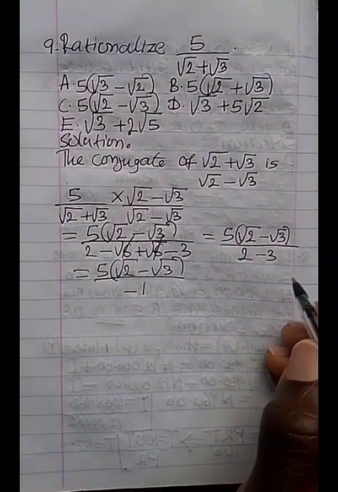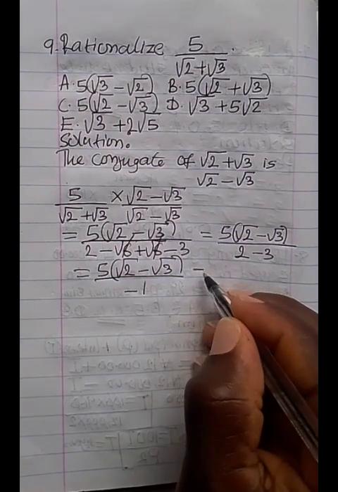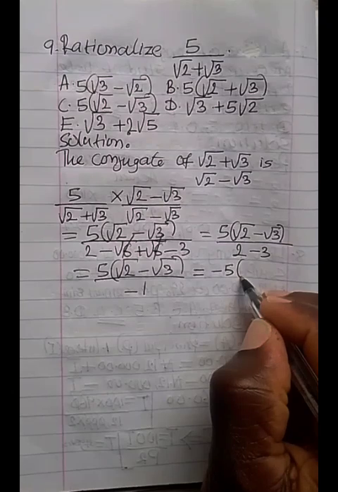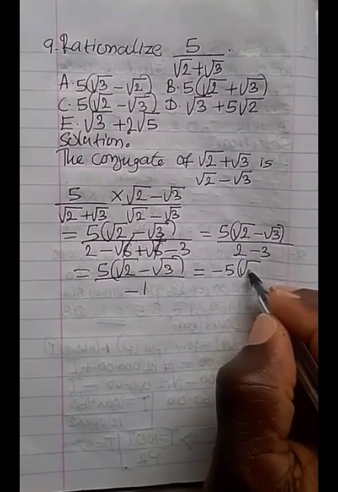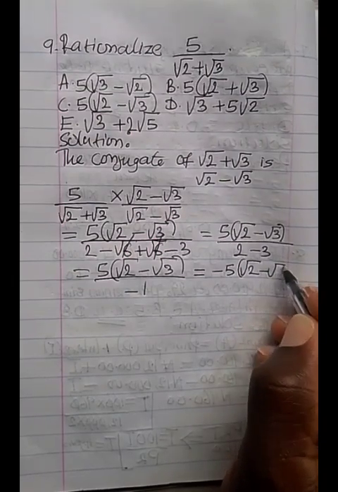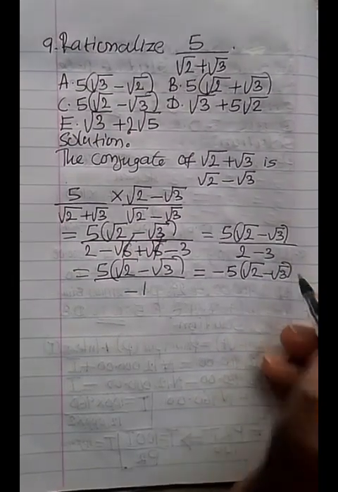So this can be written as minus 5 bracket open square root of 2 minus square root of 3.